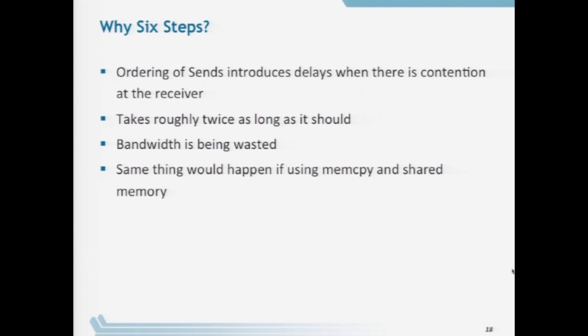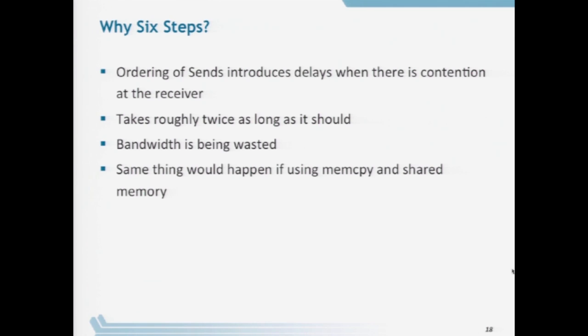You don't care who completes first, you just want it done. The code that was written, however, insists that that halo exchange complete in 4 steps, each send of which has to complete before you can start the next one. And so that adds an extra constraint, and it makes it impossible to make good use of the network.